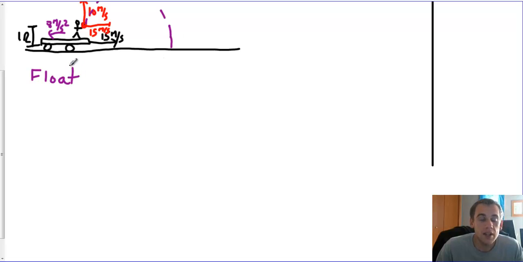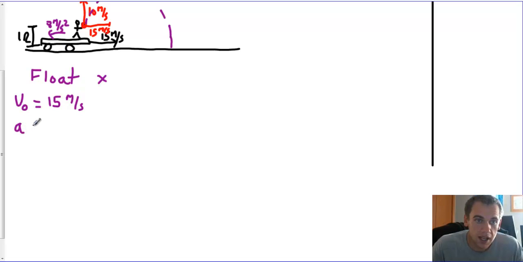Well, now that I have my picture, I know the float only ever moves in the x direction. The float's not moving up or down. So the initial velocity in x for the float is 15 meters per second. Okay? And it accelerates, but it's a negative acceleration because it's in the opposite direction of the motion, negative 8 meters per second.